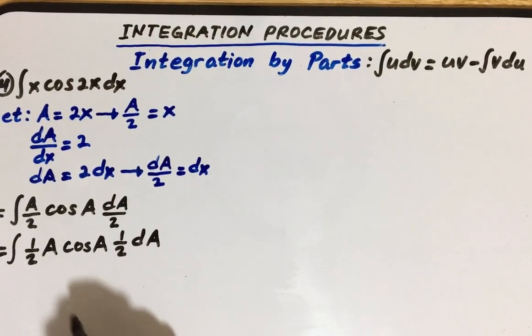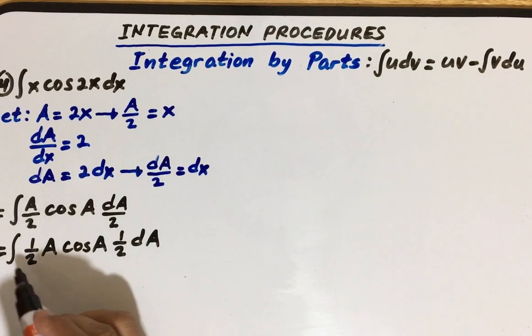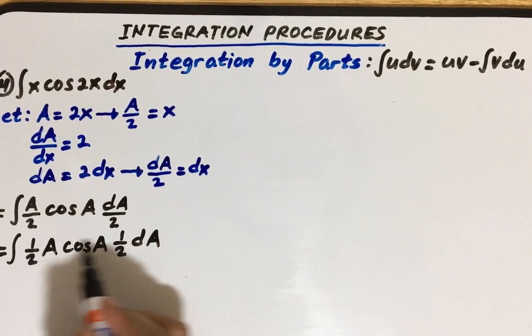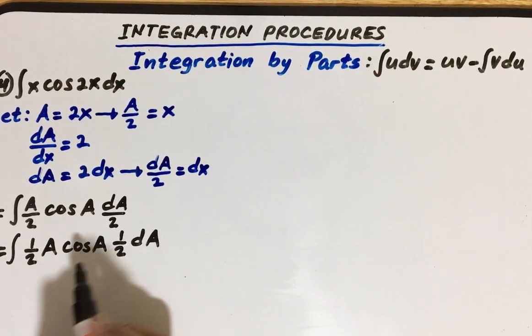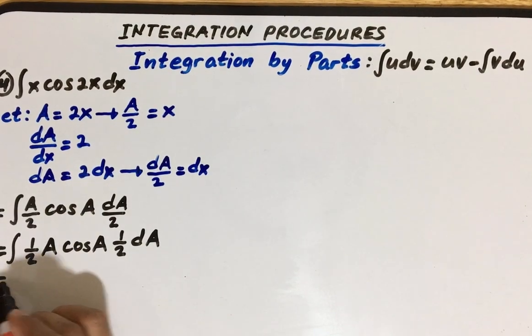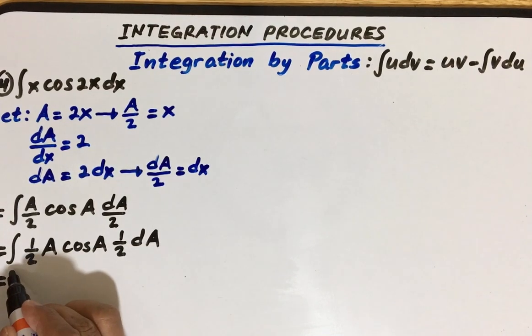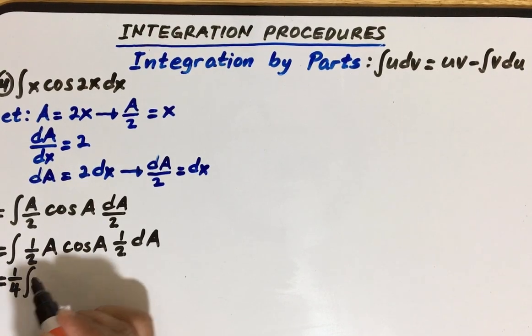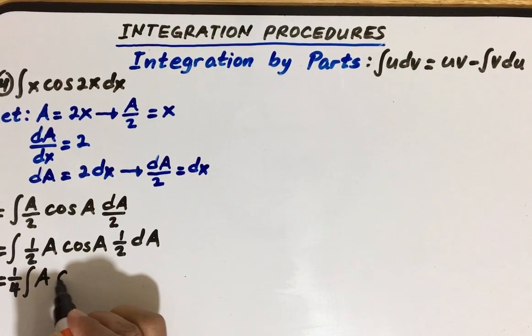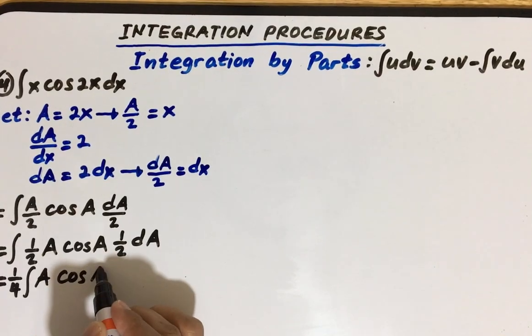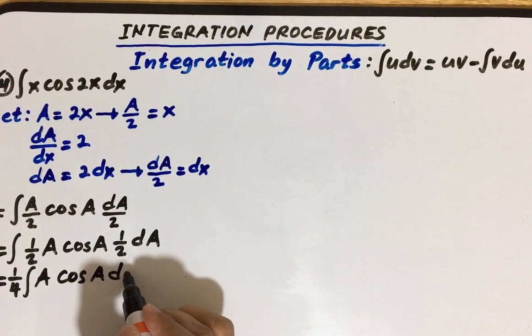Then we have here the constants 1/2 and 1/2. Since they are just factors of this integrand, we can multiply them, and since they are constants, we can put the product on the left side of the integral sign. So 1/2 times 1/2 is equal to 1/4. So 1/4 times the integral of a cosine a times dA.